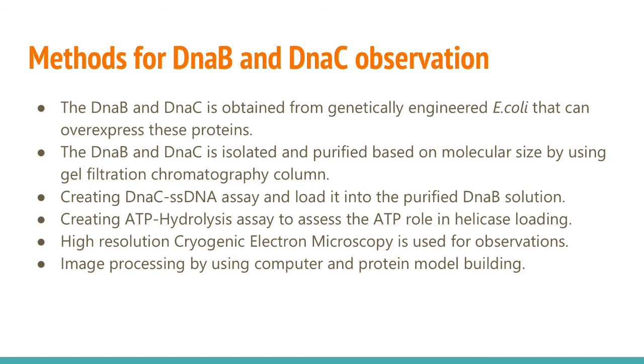They create a DnaC-ssDNA assay and load it into the purified DnaB solution, and they create the ATP hydrolysis assay to assess the ATP in the helicase loading. High-resolution cryogenic electron microscopy is used for the observation. Then comes the image processing by using a computer and protein model building.